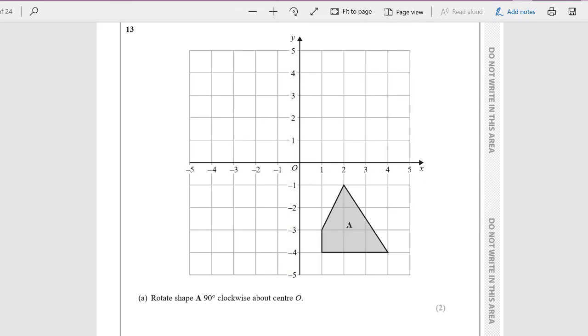Question 13, it says rotate shape A 90 degrees clockwise about center 0. So this is something that I wouldn't be able to show you offhand, but we know that it's rotating around center 0, the origin, and then 90 degrees clockwise, so clockwise about that way, 90 degrees.